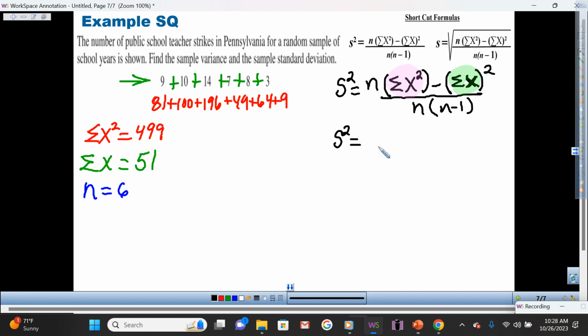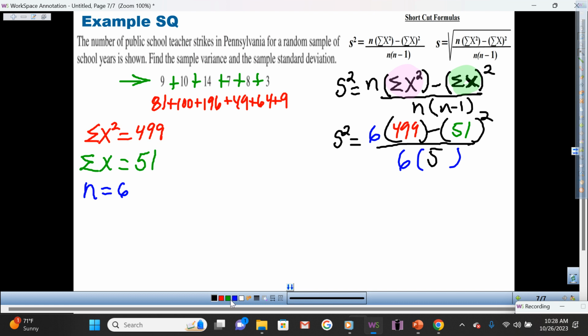Variance is equal to 6 times 499, and then minus 51, and then we're going to square that, divided by n times, what was n? 6. And what is n minus 1? 5. Yeah, so 6 minus 1 is 5. I'm just going to write the 5 there.